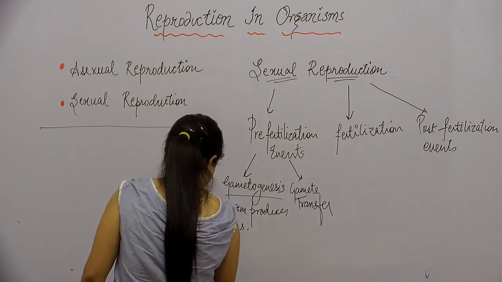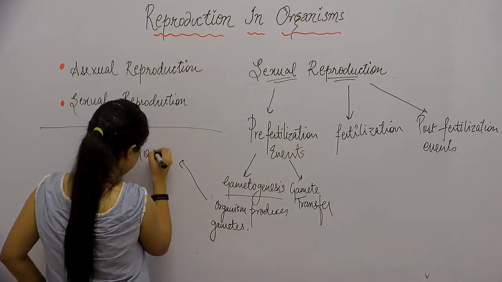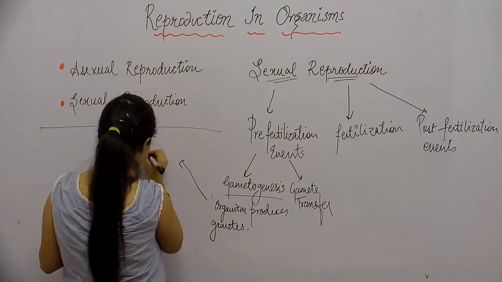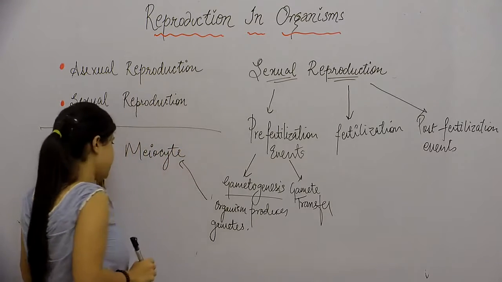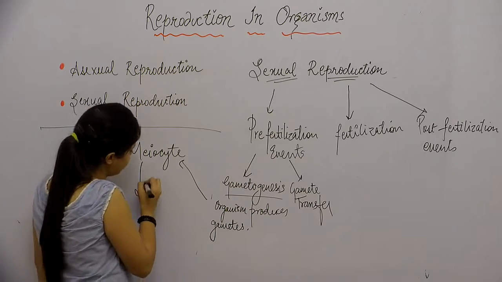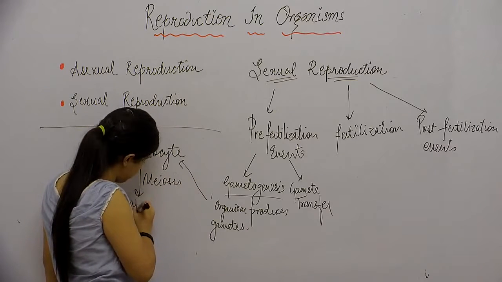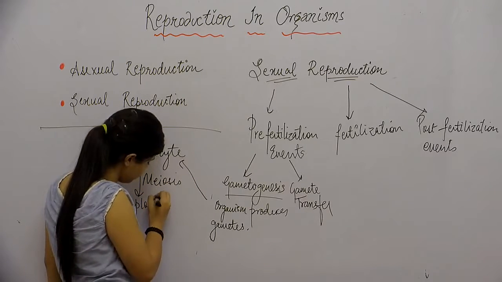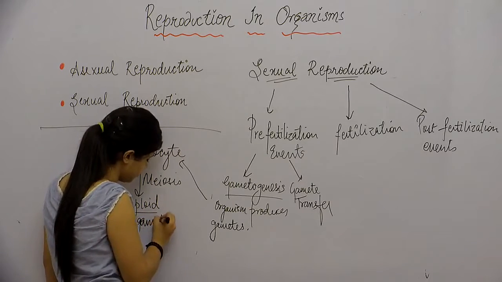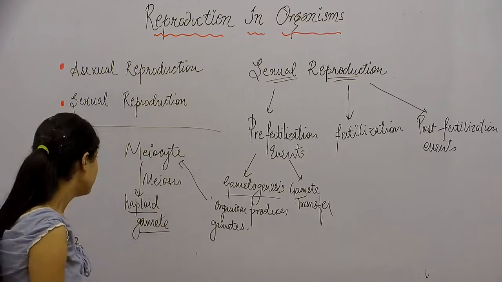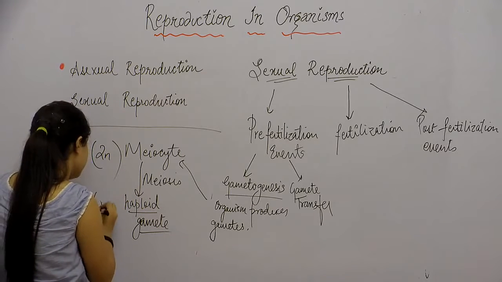So the parent mother cell will be known as the meiocyte. This meiocyte or the parent mother cell undergoes meiosis to produce haploid gamete. Right. So if the mother was 2n, the gamete produces n.